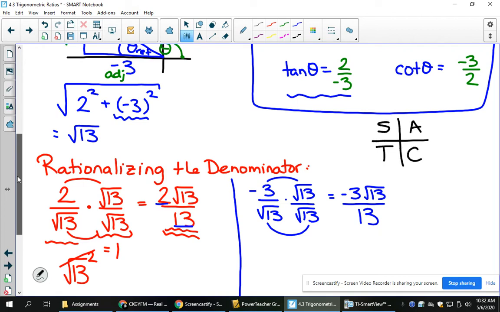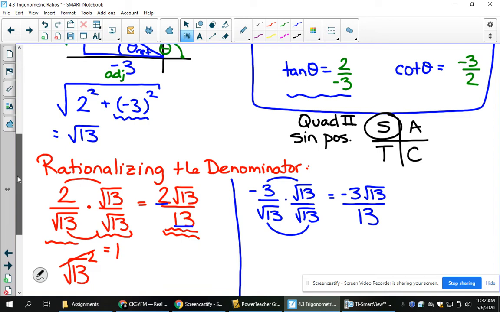Here's my cast rule telling me which primary trigonometric ratios are positive in which quadrant. We're working in quadrant 2. What does the S in cast tell you? That means that in quadrant 2, sine is positive, everything else is negative, but this is only telling you about primary trig ratios.